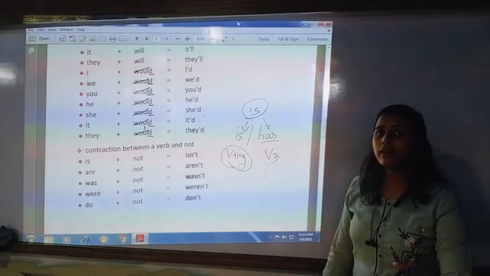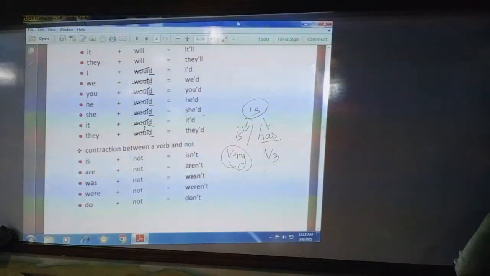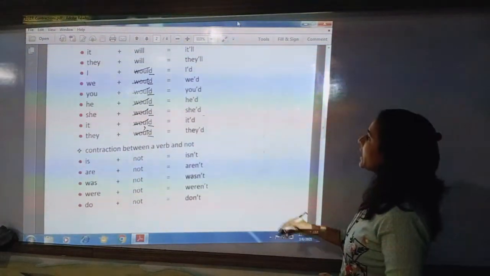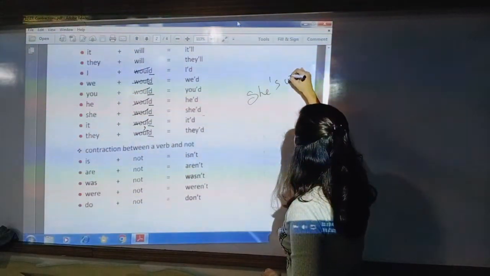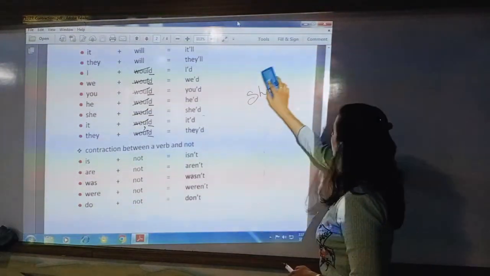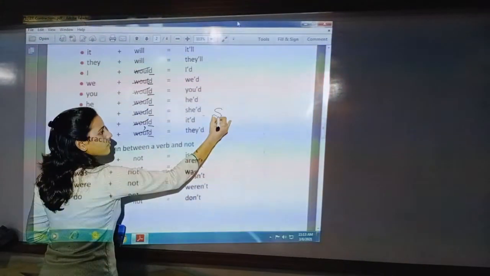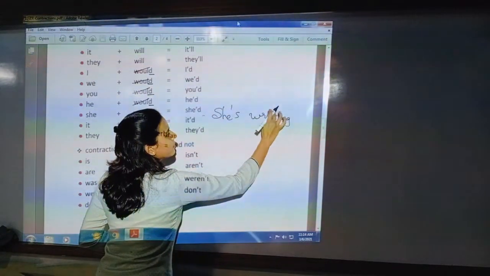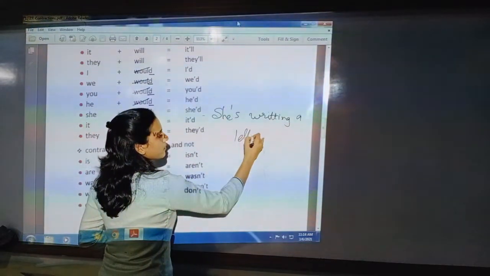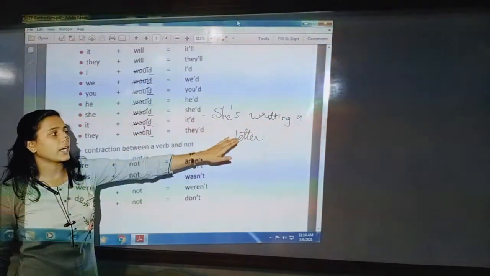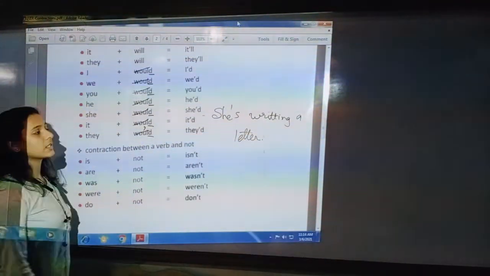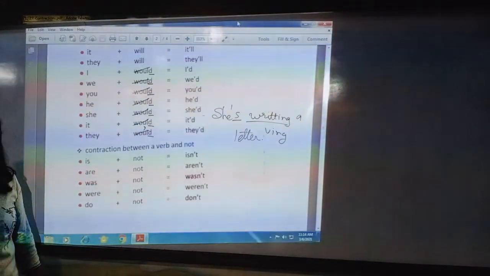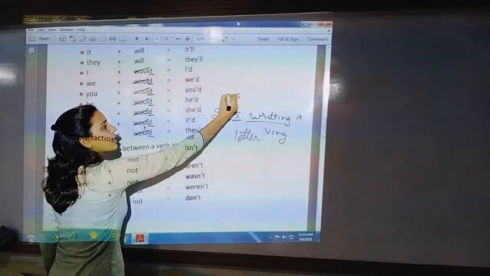Clear? Let us see with an example. If I write, ...used, that means the apostrophe S is for is.